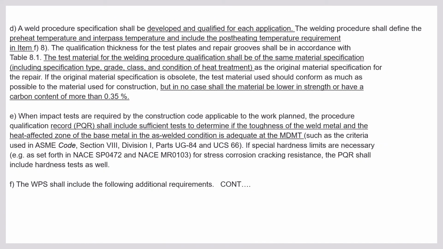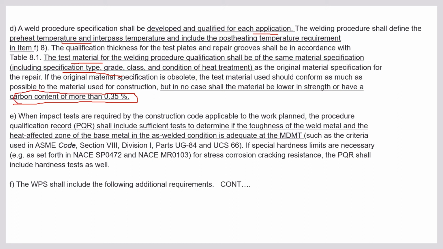So a weld procedure specification shall be developed and qualified for each application of controlled deposition welding, okay. And the welding procedure shall define the preheat temperature and interpass temperature. The test material for the welding procedure qualification shall be the same material specification, including specification type, grade, class and condition, and the carbon content not more than 0.35, which we have discussed.